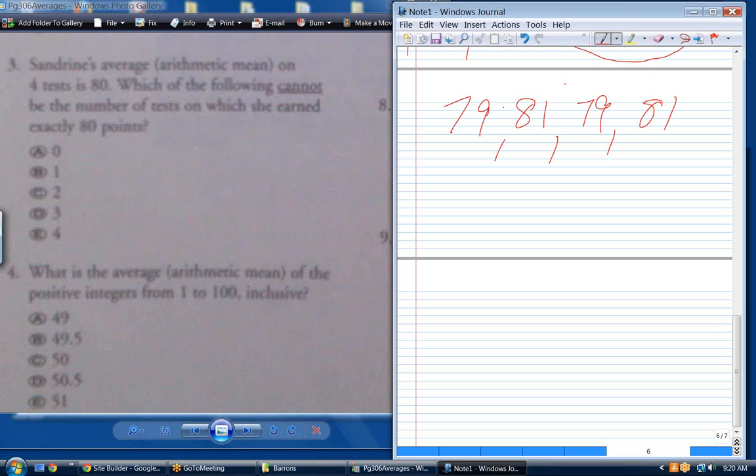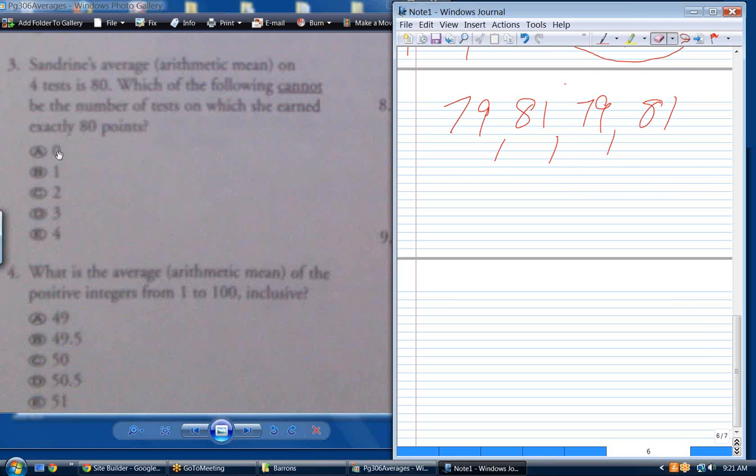Now, the mathematical way to do totals is to add the 4 numbers and divide by 4. But it's frequently useful to think about them in pairs. I know that is an average of 80, and I know that's an average of 80, and 80 plus 80 averages 80. So that kind of thinking is helpful on a problem like this.